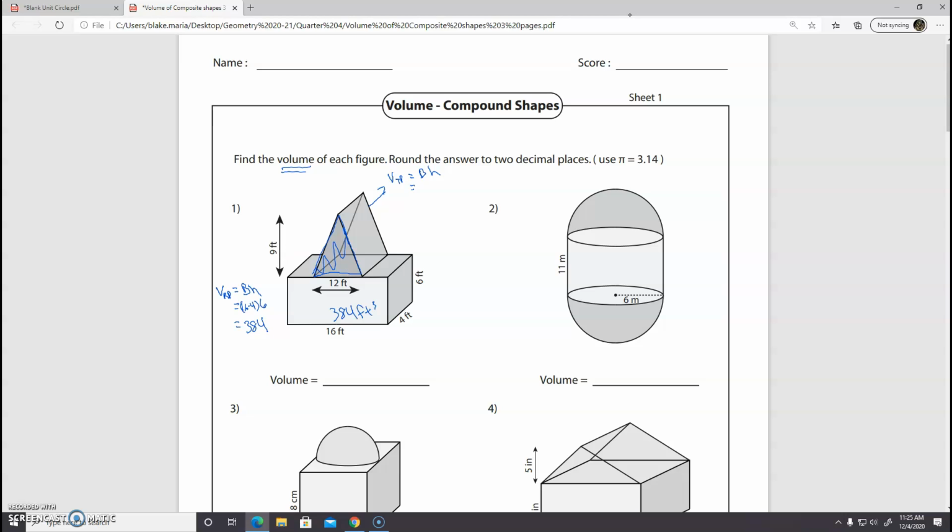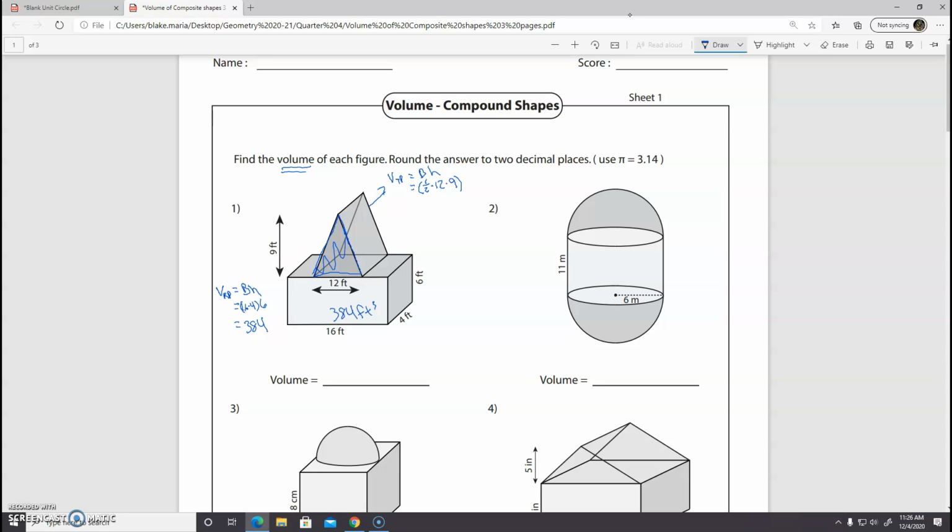So don't just think base is bottom, because that bottom does not have a parallel and congruent one up here. So our base is a triangle. Remember, area of a triangle is 1/2 base times height. So 1/2 times 12, my base, and my height is 9. So they wrote it right there. That's the area of my base, the area of my triangle.